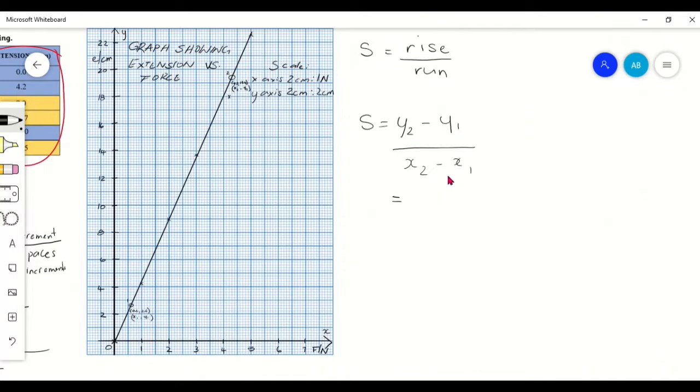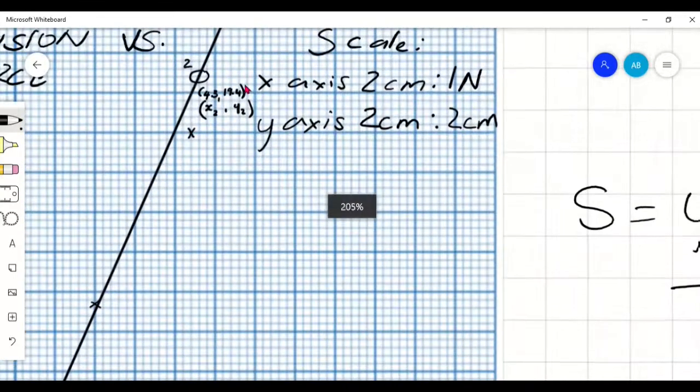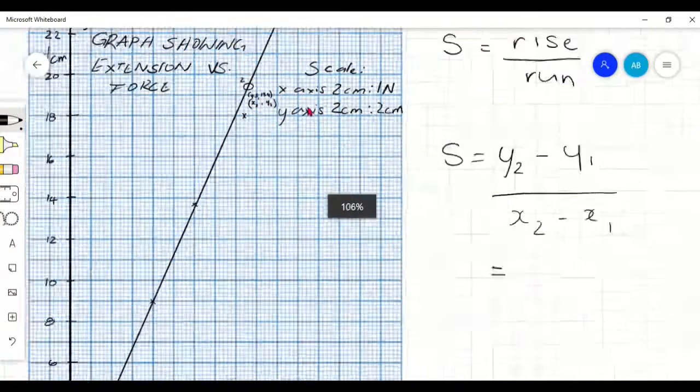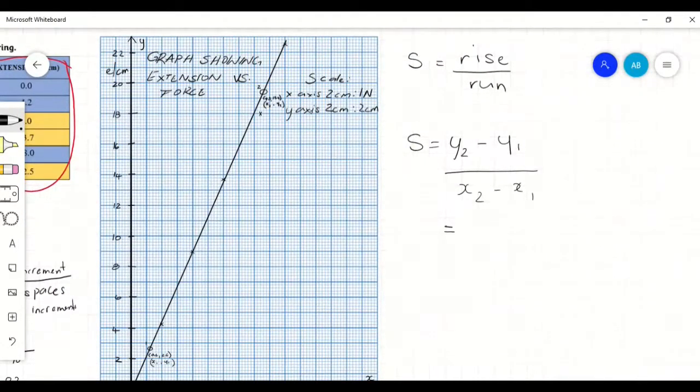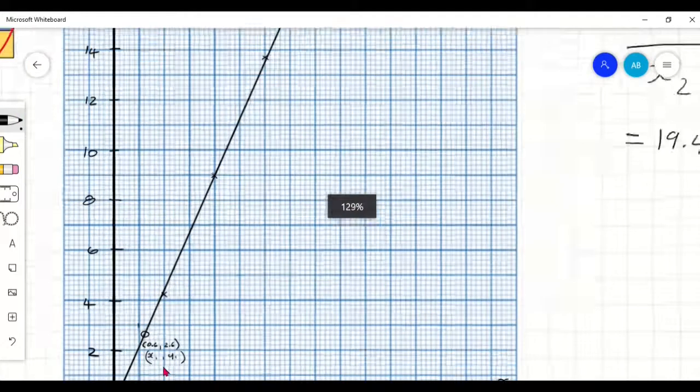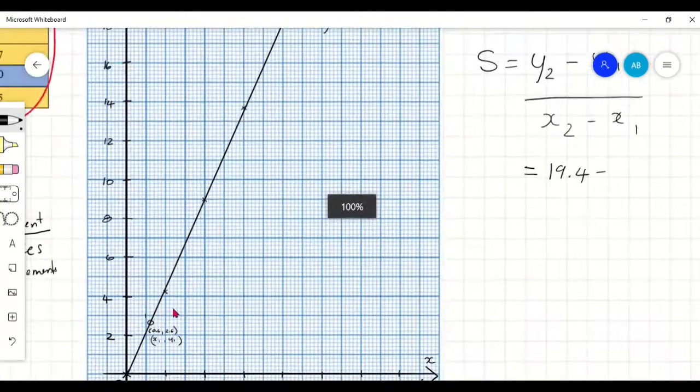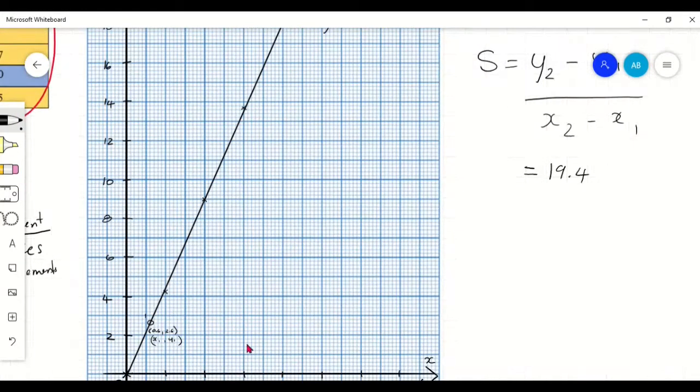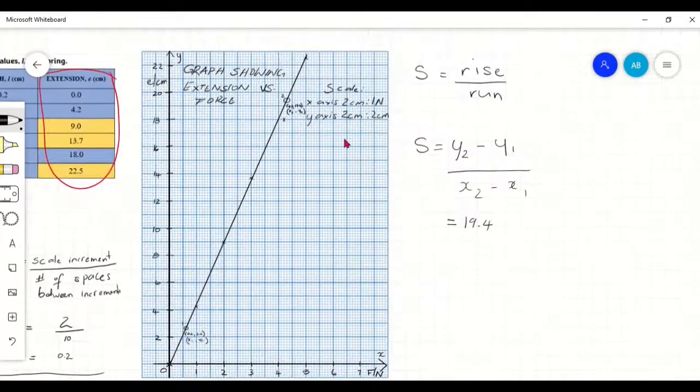So let's go for my y value, y2. My y2 was 19.4. Let's find y1. Wait, I'm going to put the unit. I find it's better when students are to determine the unit. So let me put the unit. 19.4 centimeters minus 2.6 centimeters divided by x2.